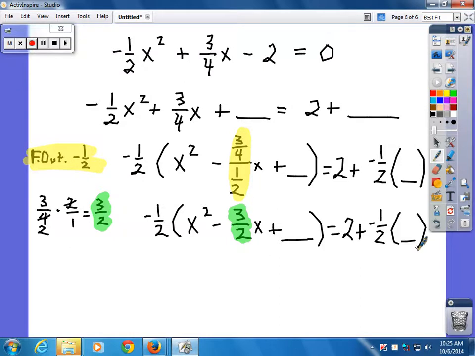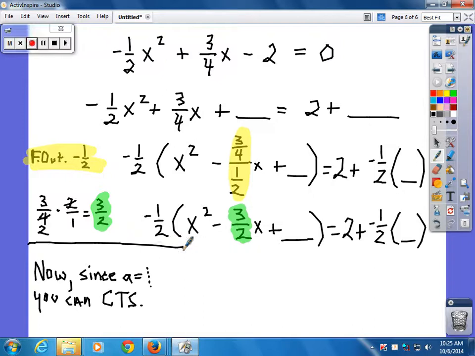All right, now we're going to do completing the square. Now, since A is equal to 1, or the leading coefficient right here is equal to 1, you can complete the square. Now I'm writing this out here, not only for the video, but to remind you, what do you do first?